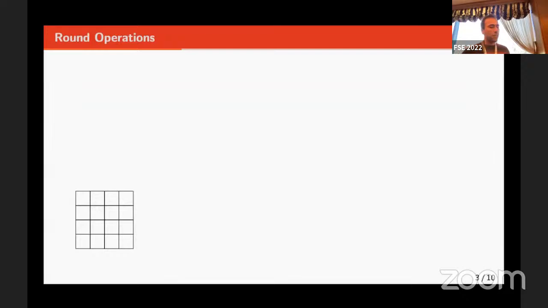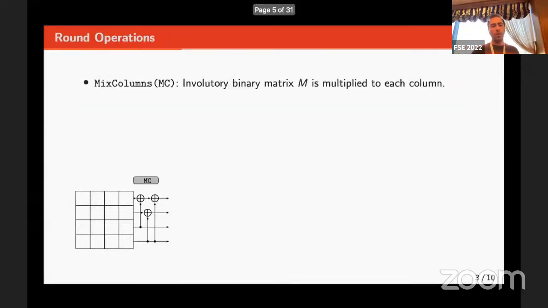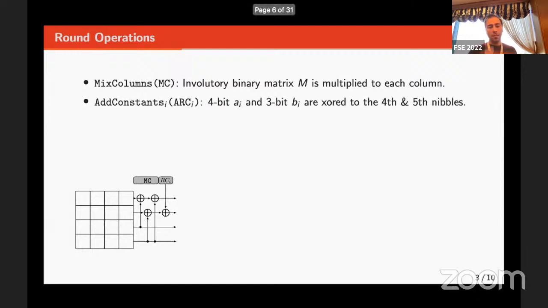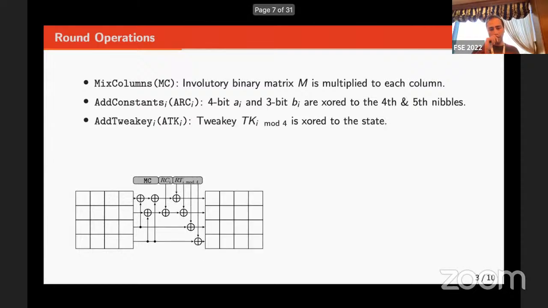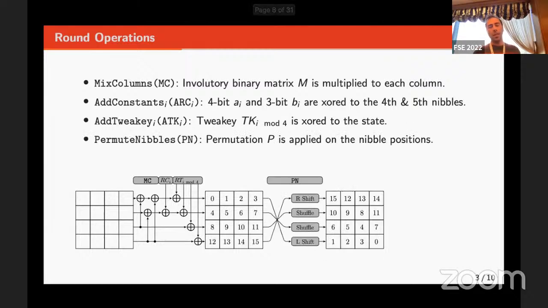Considering this matrix of nibbles as the input for the round function, it starts with the MixColumn operation, a linear mapping where the lower half is added to the upper half. And then the round constant is added to the fourth and fifth nibble. The third operation is just the addition of the round tweakey to all of the state. And the last linear operation is a permutation of nibbles.